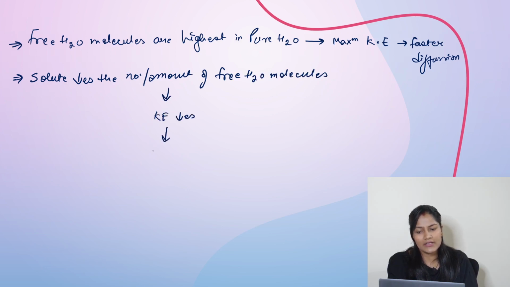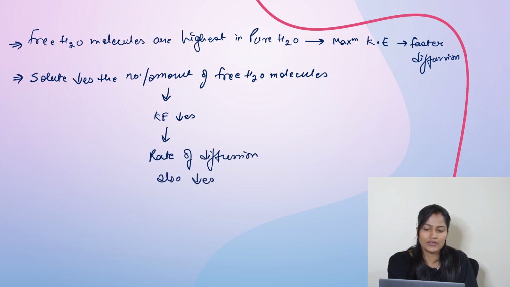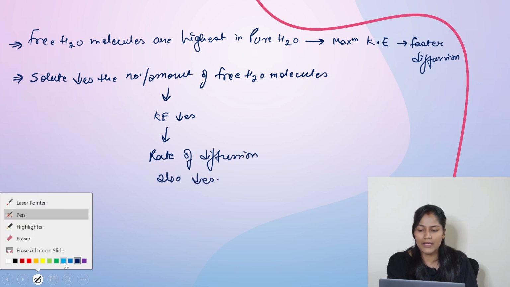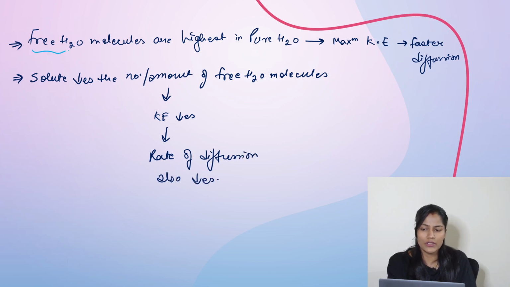As the kinetic energy is going to decrease, the rate of diffusion will also decrease, right. पहले हमारे पास बहुत सारे water molecules थे, they were free water molecules for the movement.